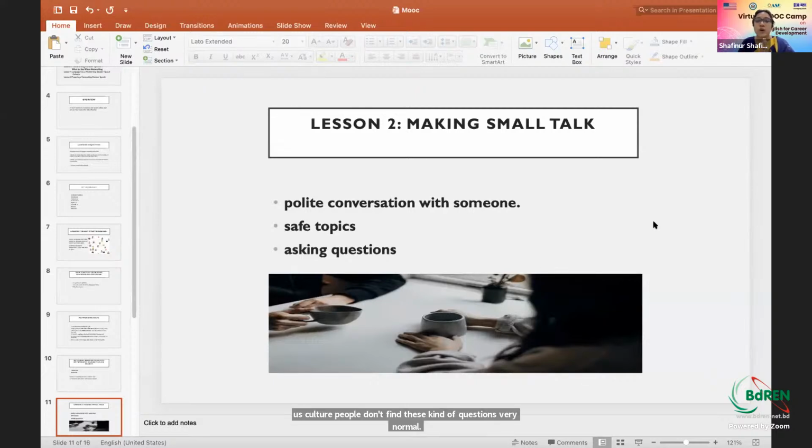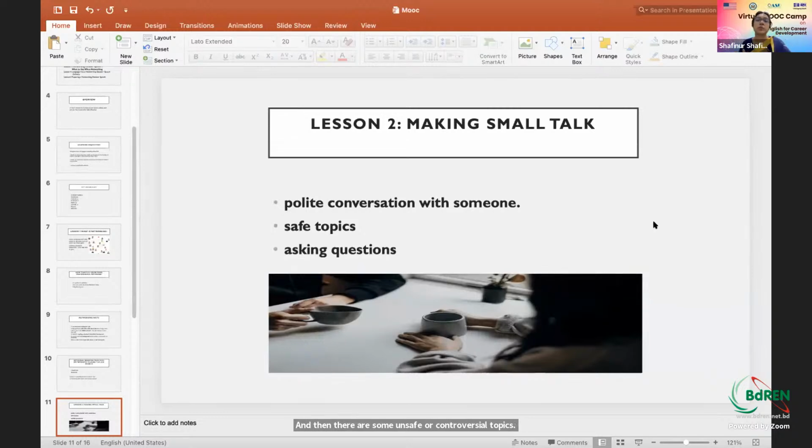So for those kind of situations, the safe topics are if you talk about family, like how is everyone in your family, or maybe you can talk about weather. So those are safe topics, and there are some unsafe or controversial topics. For example, you shouldn't talk about salary.